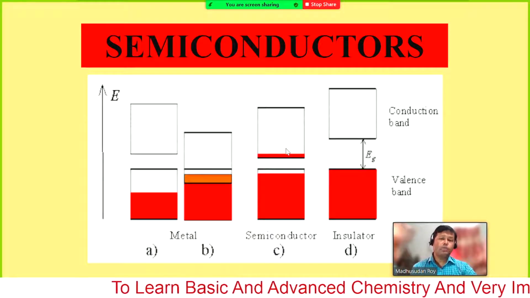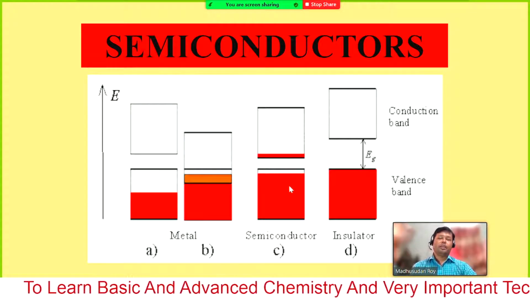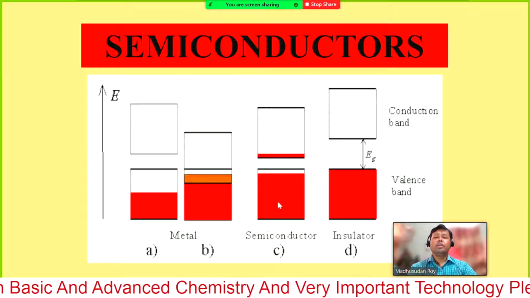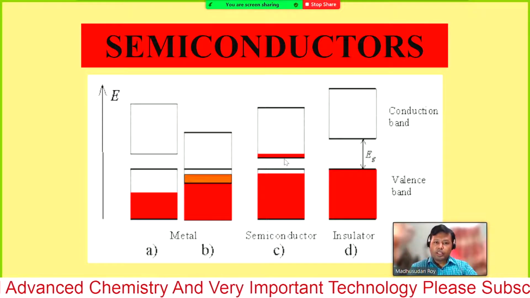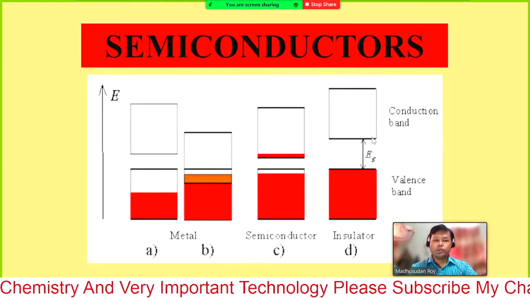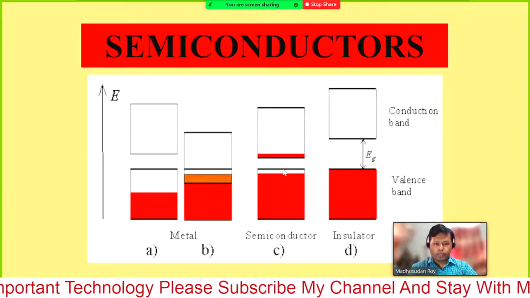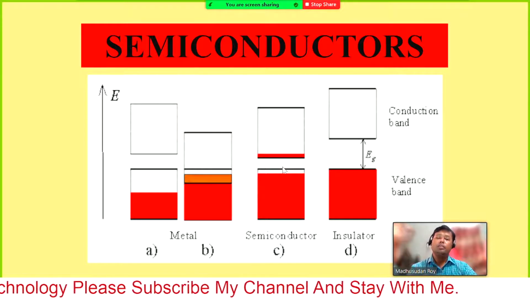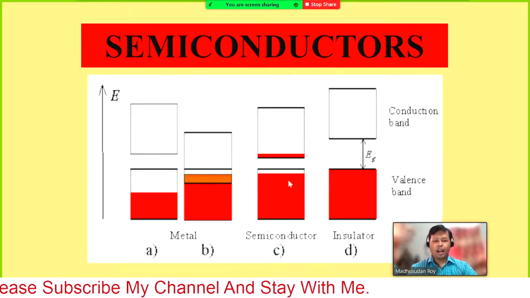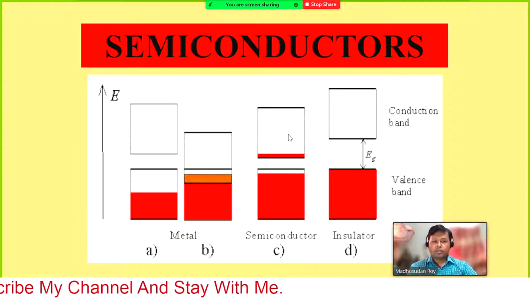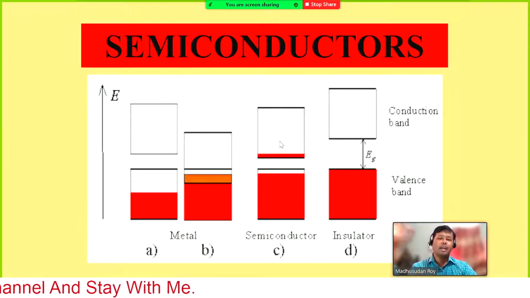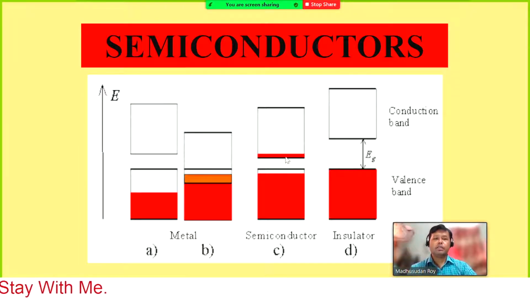But in case of a semiconductor, the band gap is quite small compared to an insulator. So here you can see the band gap from here to here is a little bit shorter compared to this. However, the conduction band has some electrons, that means it is partially or slightly filled.